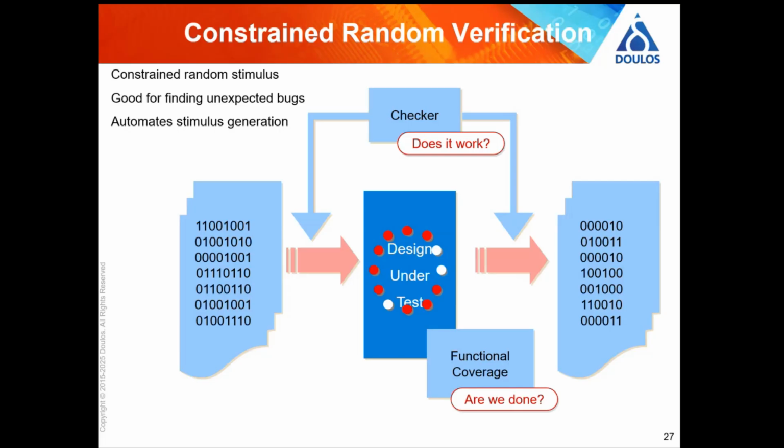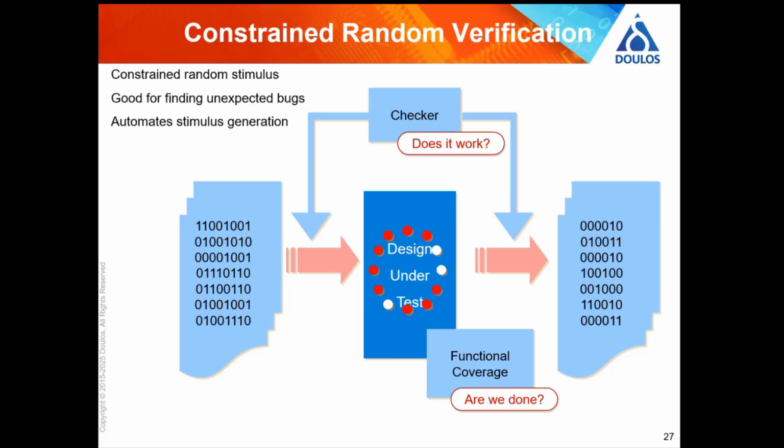And the solution to that is something called functional coverage. With functional coverage, you create what is called a coverage model, which is an electronic representation of all the requirements in your specification, like a checklist. And what you're basically doing is saying, have I seen one of those? Have I seen a read? Have I seen a write? Have I seen a burst read, a burst write?